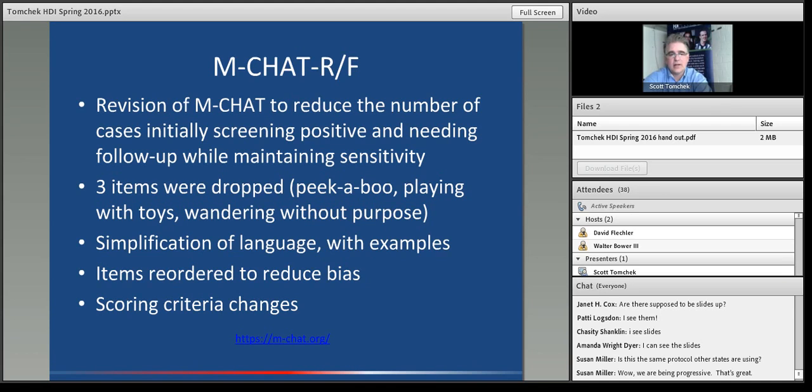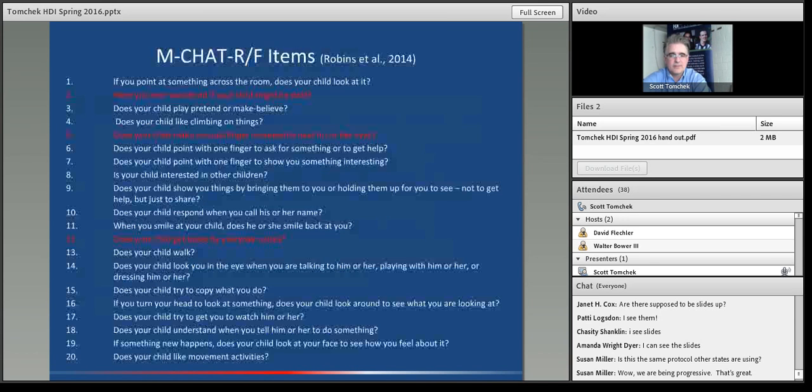If the child has an at-risk score, and we'll talk about what that is in a minute, they recommend that the follow-up questions be asked. Okay, and the follow-up questions really give you a narrative, and it increases the specificity of the instrument. And so, if you failed item 3, does Johnny play pretend or make believe?